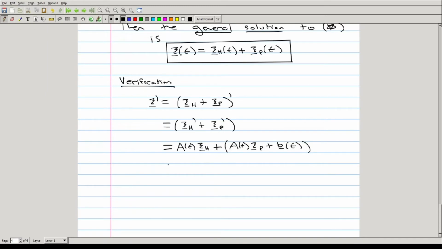So using a little bit of linear algebra, the matrix multiplication is distributive, so we can rewrite this entire thing as A of t times xi h plus xi p, plus b of t. And because we define xi, the general solution to star, as this right here, we have that this is A of t times xi plus b of t.